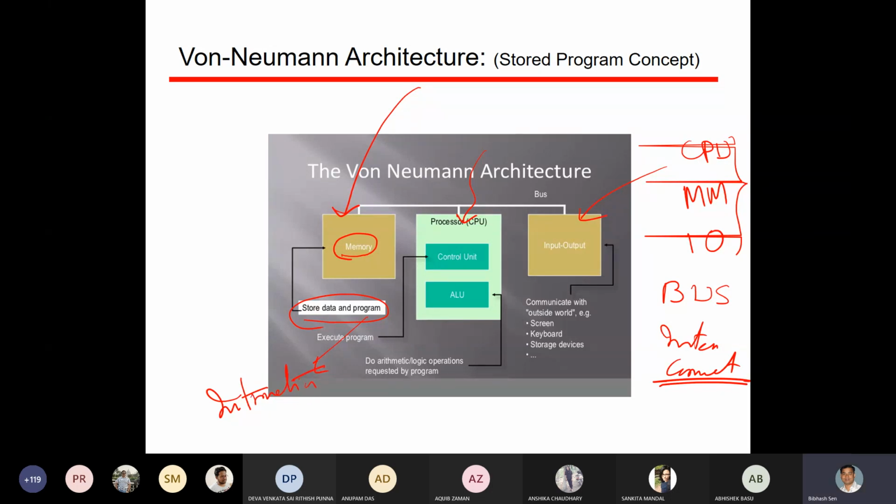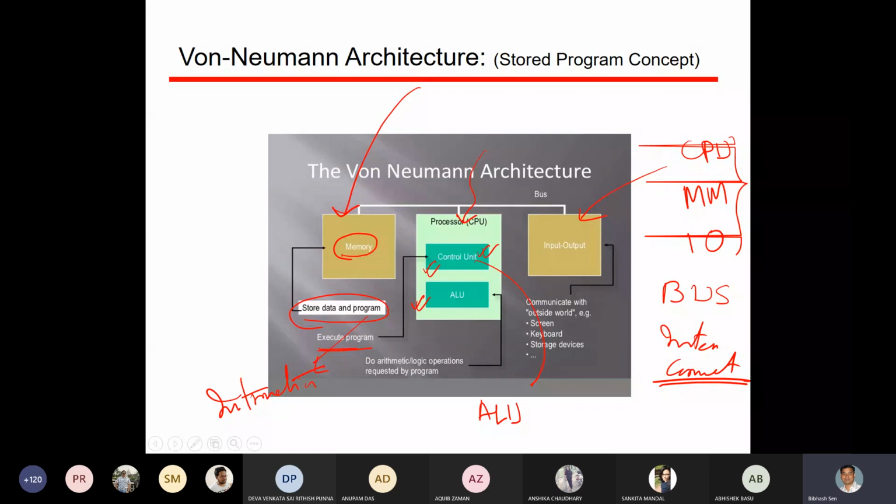Is it clear? So in stored program, program means instruction, and to execute a program you need a control unit and memory. In the control unit you will find there is an ALU. So there is an ALU and there is the control unit.